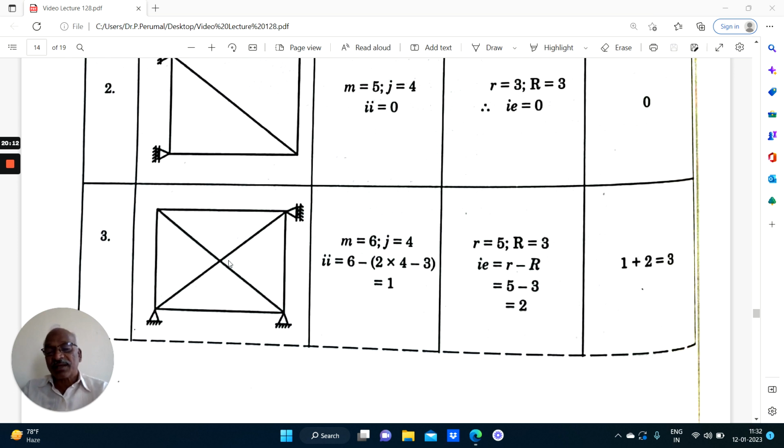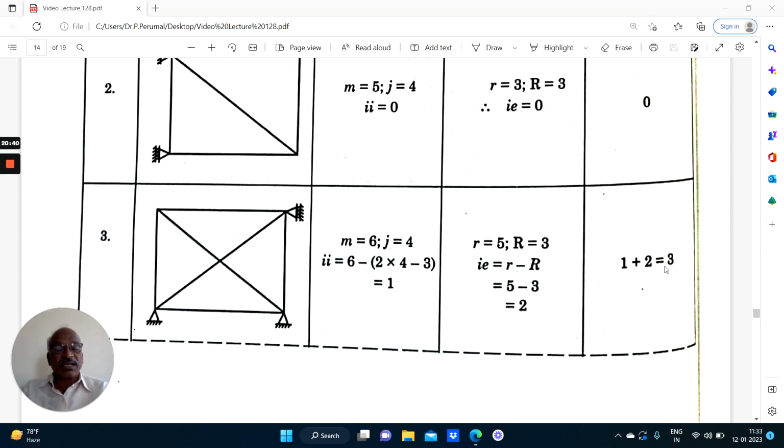There are 6 members and 4 joints. So M equal to 6, J equal to 4. Therefore, 6 minus 2 into 4 minus 3 equal to 1. So this truss has got 1 extra member and 2 extra reactions. So it is internally indeterminate to 1 degree, externally to 2 degrees.